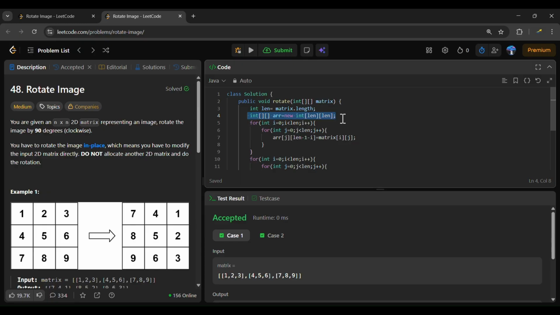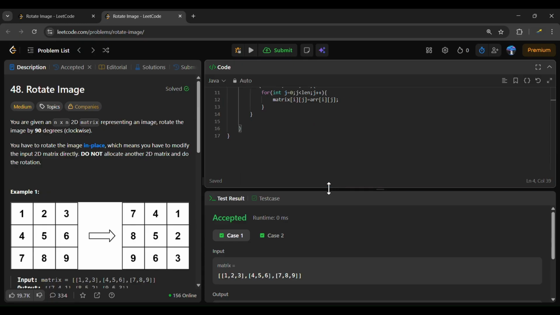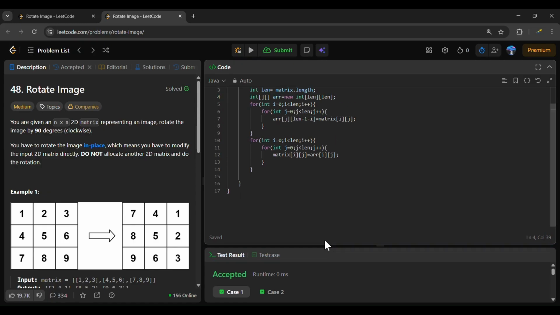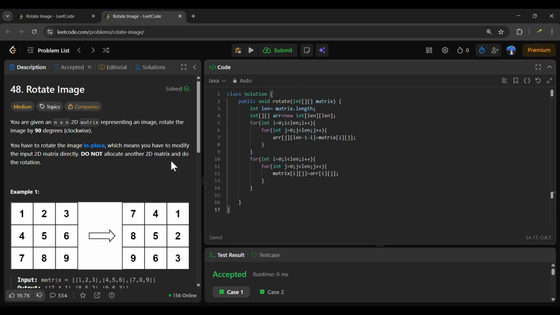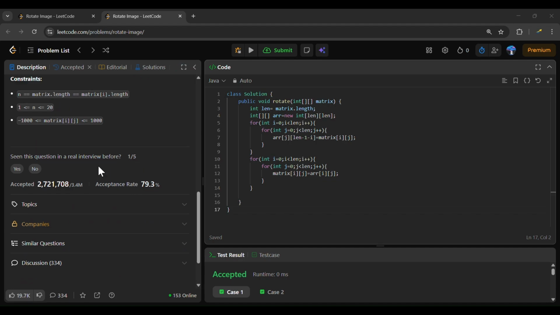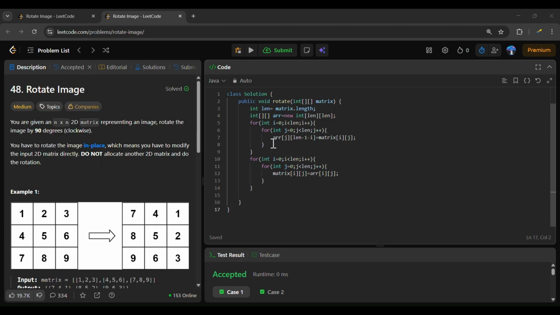So for the explanation I just solved it this way. In the next video I will solve this problem without using extra space. I will upload the second video by tomorrow at the latest.